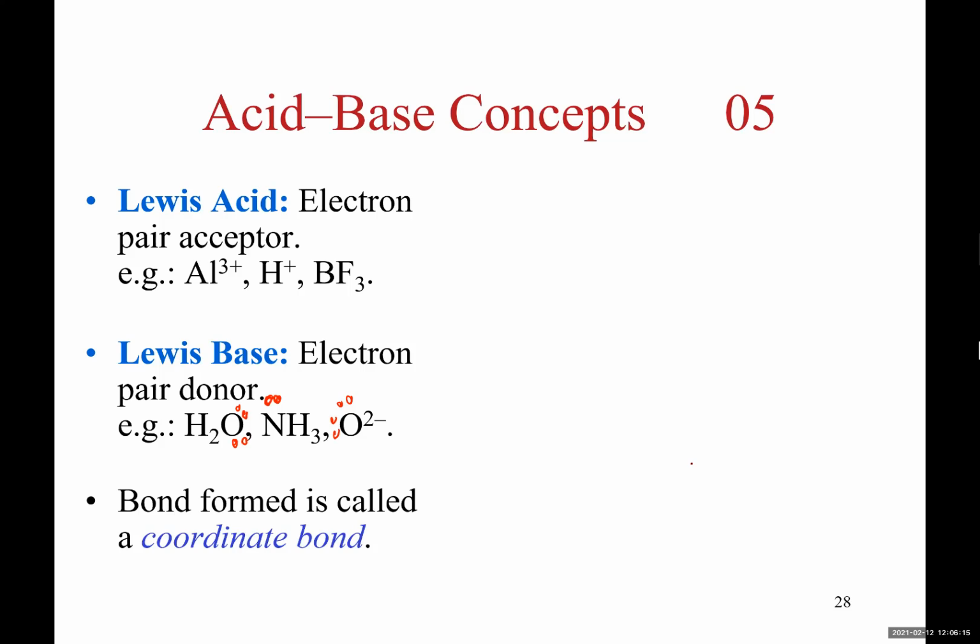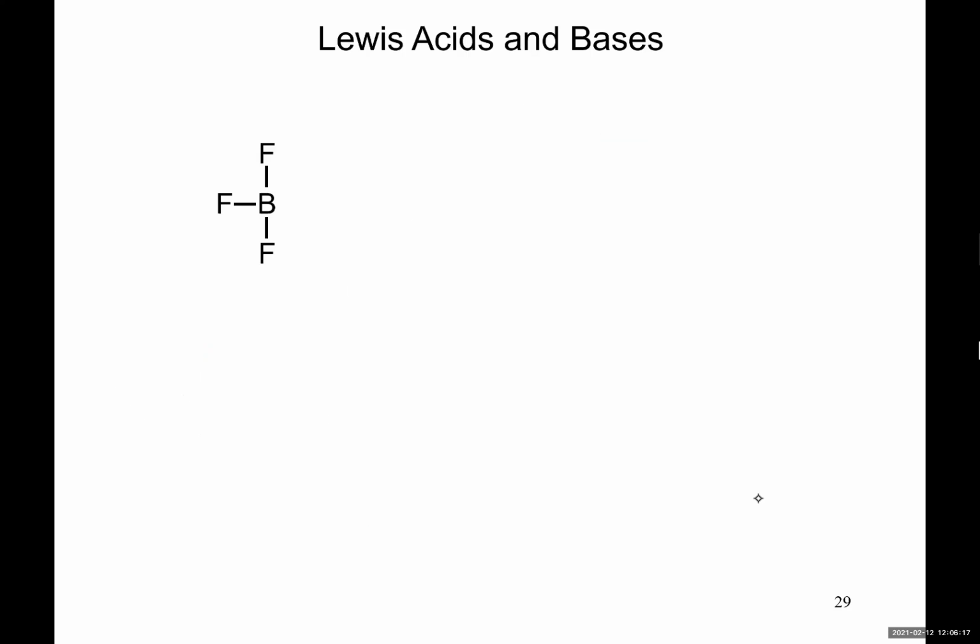I'm going to give you an example on the next slide. Let's look at BF3. Do you see boron has got 3 electrons before reaction? Every fluorine brought 1 single electron. They overlap. So the total number of electrons on boron is 6. So boron does not have a complete octet.